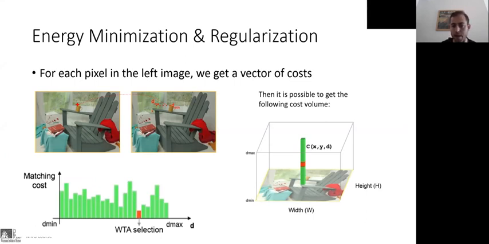The idea is that we define, before we called it U, the cost for assigning some disparity to pixel XY. For each pixel, we have different costs for different disparity values that we consider. The naive approach, what is called the winner takes it all selection, will take the disparity with just the minimal cost without any smoothness constraints.